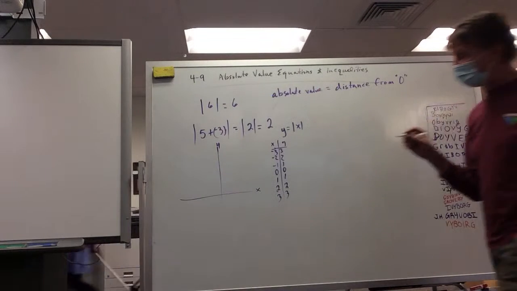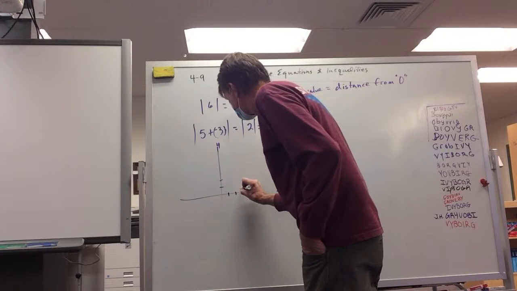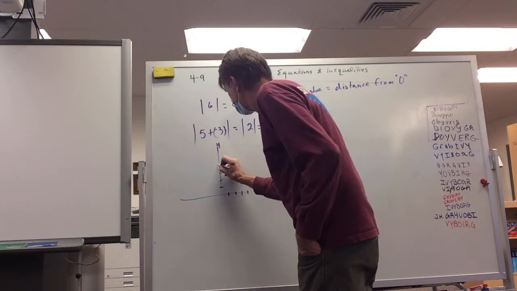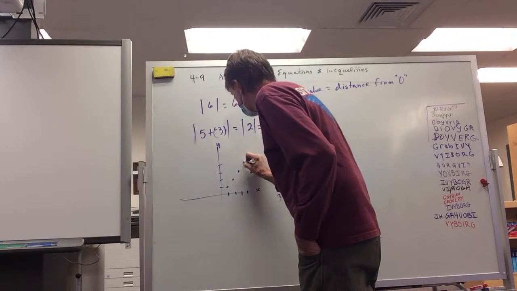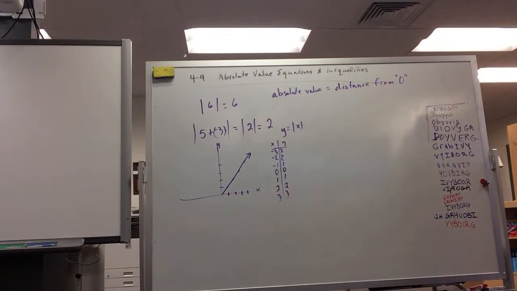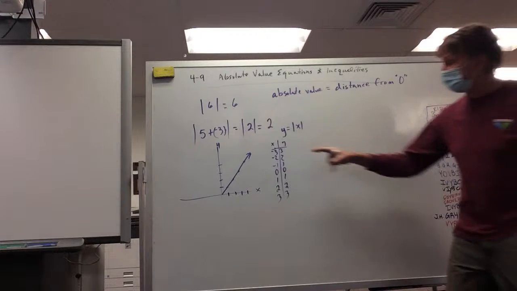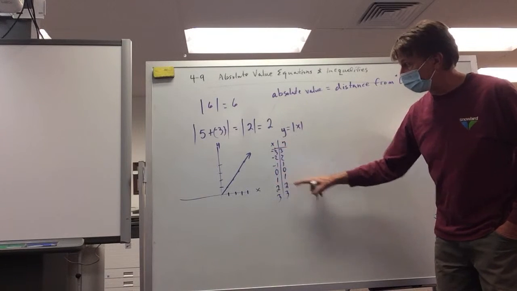So if you plotted these points, it starts at the origin and then they form a straight line, where basically the x value is equal to the y value, because positive x's give positive absolute values.